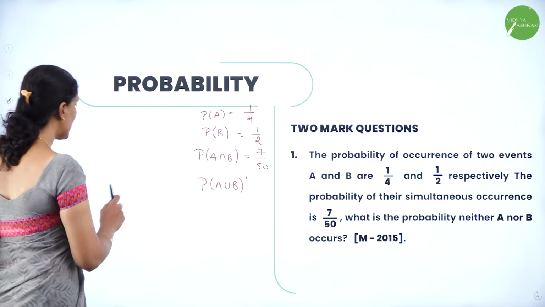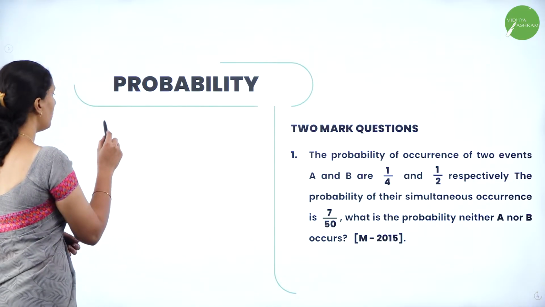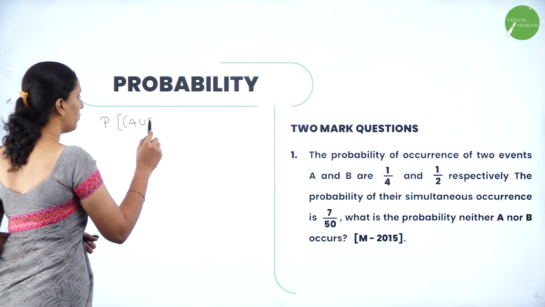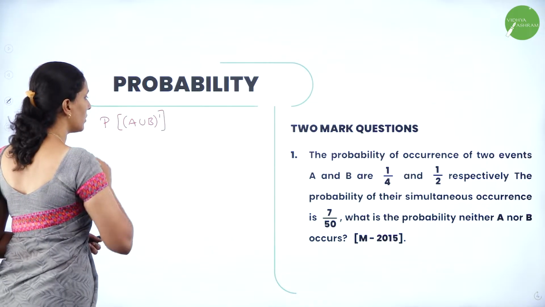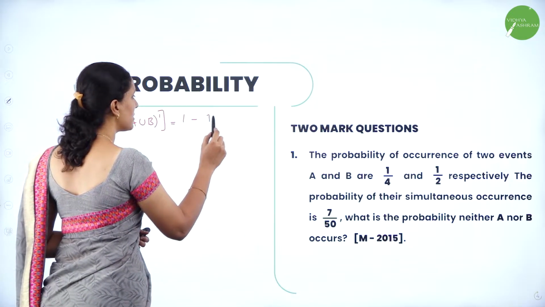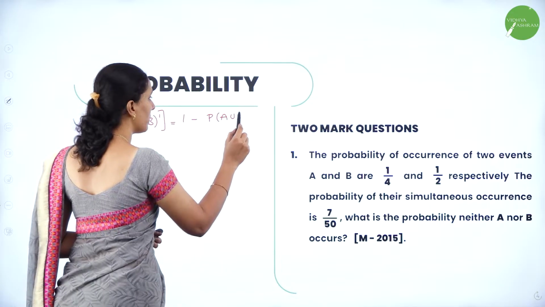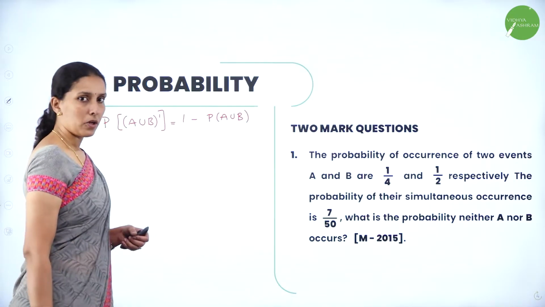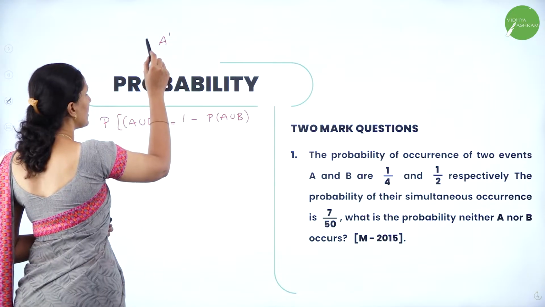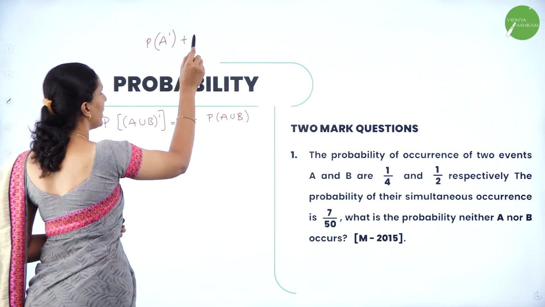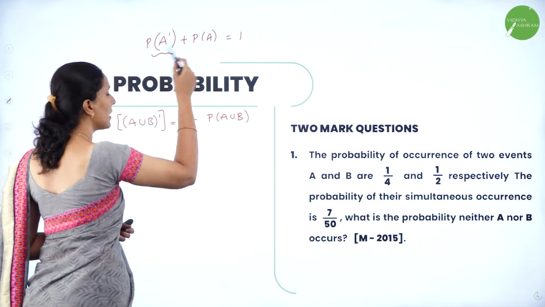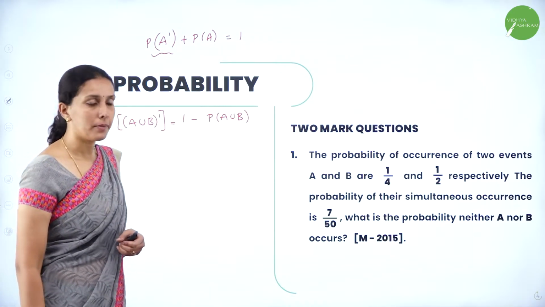So now I need to find the complement of A union B, and I get 1 minus probability of A union B. Because we know that probability of A complement and probability of A add up to 1. So if 1 is necessary, then you need to subtract the other from 1.